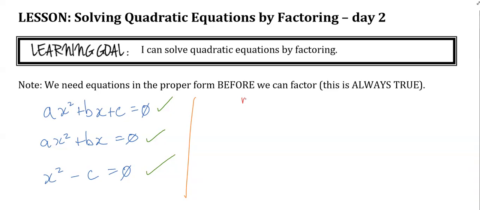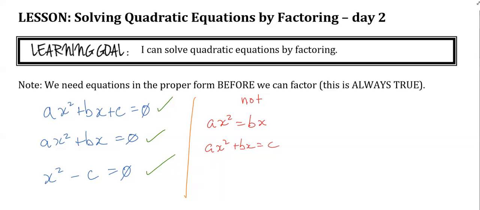Here are some examples of things that are not in proper form. ax squared equals bx. No good. We need to do some work on that before we can factor it, before we can finish solving it. ax squared plus bx equals c.